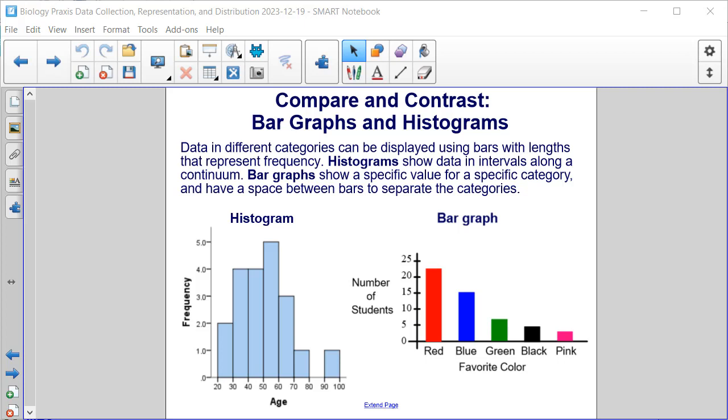So you can see in the histogram here, we have age on the bottom, and we have this range of ages, continuous from 20 to 80, and then from 90 to 100. Whereas the bar graph has each discrete value, so each discrete value being a color, and there is space between them.